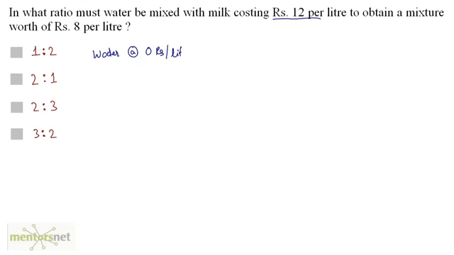Now with this we will solve our question. So water is cheaper than milk. So we have the cheaper rate equal to 0 and the costlier rate equal to 12. The mean price is given, and that's 8. So we have on the left hand side 12 minus 8, and that's 4. On the right hand side I have 8 minus 0, and that's 8.